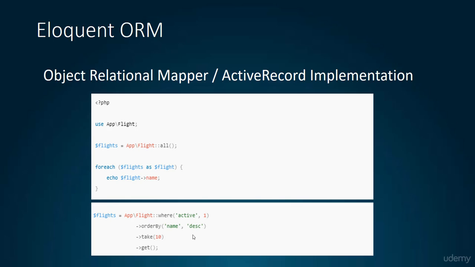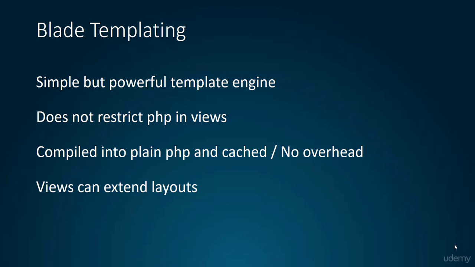All right, now if we want to add parameters like a where clause and order by, we can simply chain onto that model. So it makes things very easy to interact with the database.